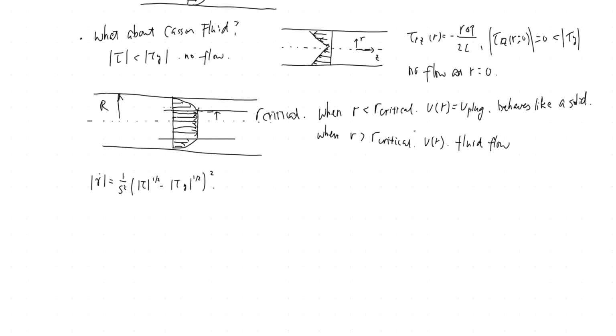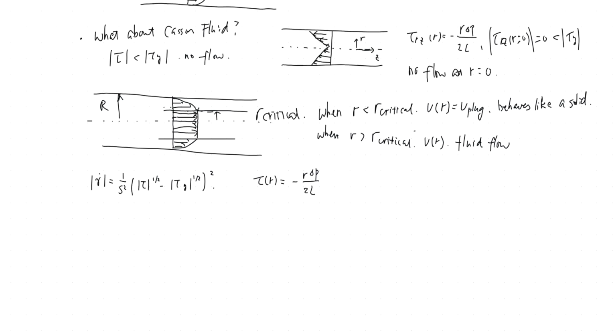And recall that tau is minus R delta P divided by 2L. So we are going to replace this tau in the constitutive relation with this tau as a function of delta P.